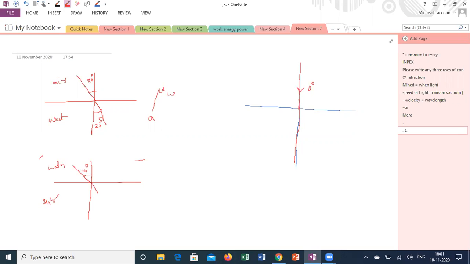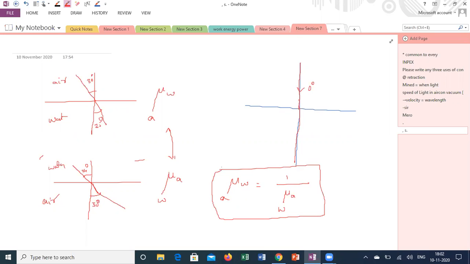It will give exactly the angle of refraction as 30 degrees. Here, refractive index can be defined as the refractive index of air with respect to water. The relation between these two refractive indices is, according to the principle of reversibility, the refractive index of water to air will be equal to 1 by the refractive index of air to water. This is the only point you have to keep in mind, other than the activity. Is it clear, guys, what I'm saying?